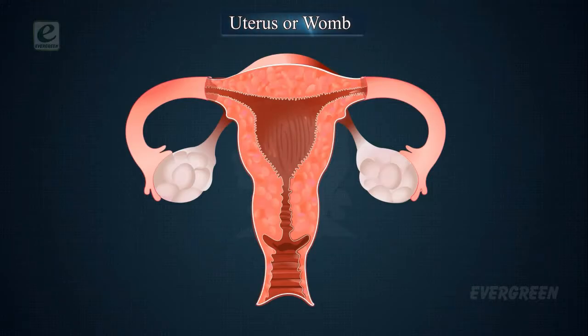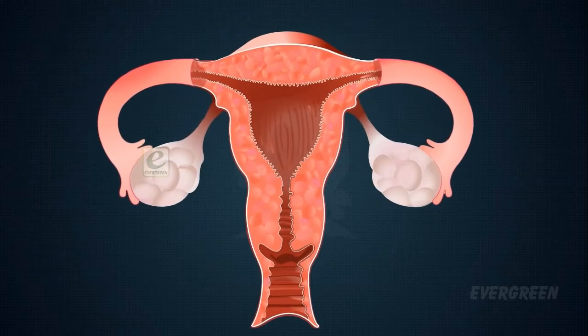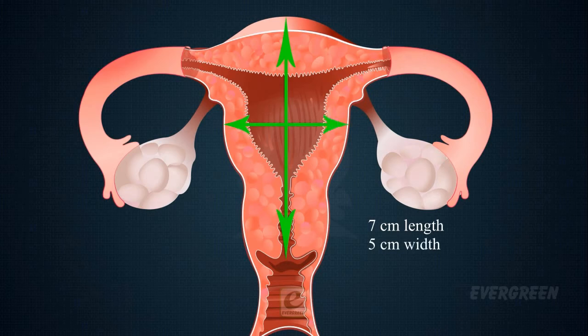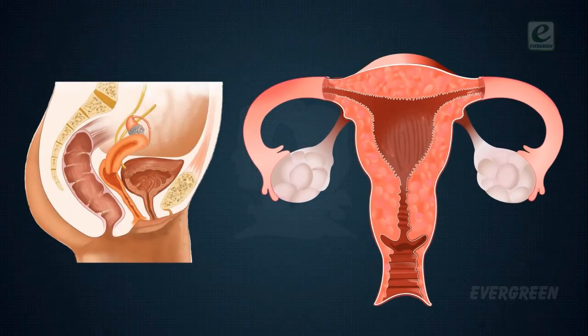Uterus or womb. It is a hollow, thick-walled, pear-shaped muscular organ having 7 cm length, 5 cm width and 2.5 cm thick walls. It is present in the pelvic cavity between the urinary bladder and rectum.